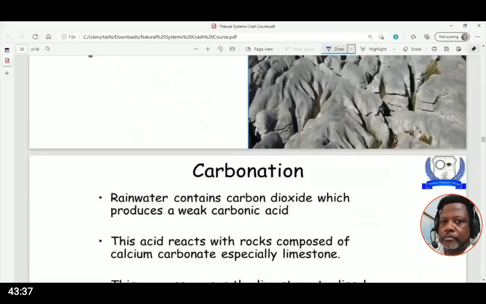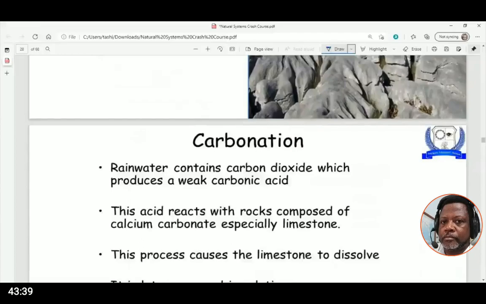That is how we would have all of the different limestone features being formed, like the clints and the grikes and the stalactites and the stalagmites and the pillars and the underground caves, etc. It is as a result of the process of carbonation that all of these features are formed.